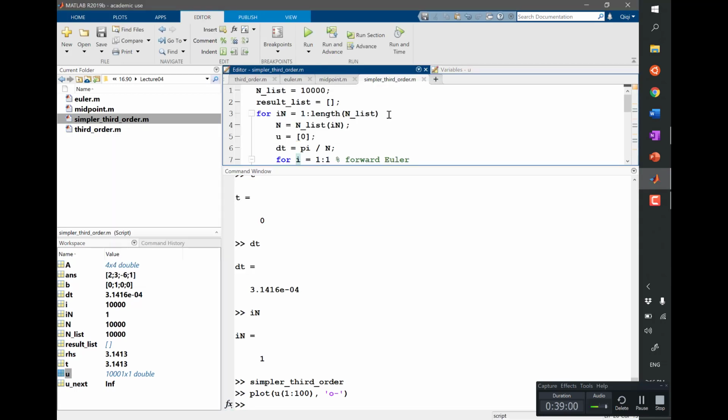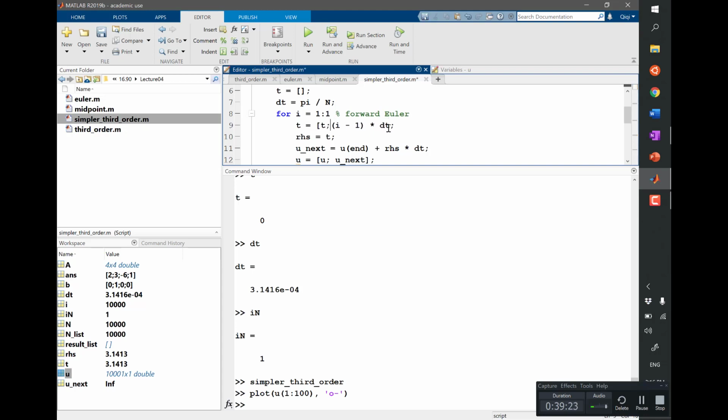So let's actually make u equal to 0 and t. Let me just make t equal to 0. Okay. So here, let me actually just have t equal to t.